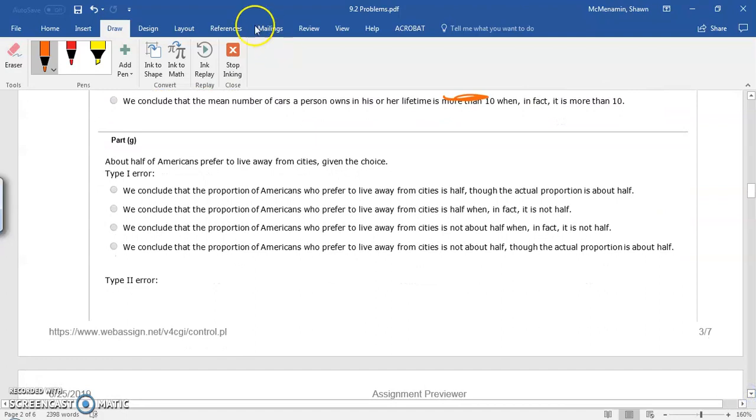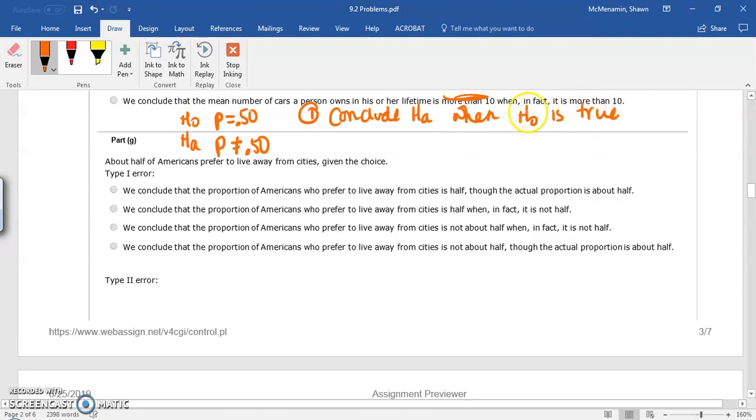Okay, about half of Americans prefer to live away from cities, so P equals 0.50. And that would be your null, and your alternative would be P does not equal 0.50. So a type 1 error would be to conclude HA when H naught is true. So you're rejecting the null when the null is true.